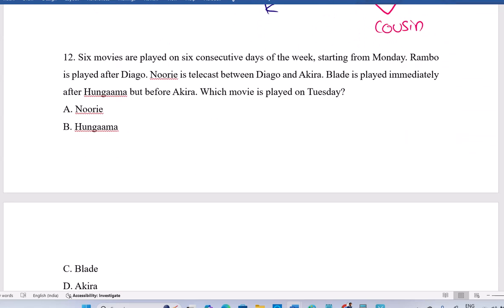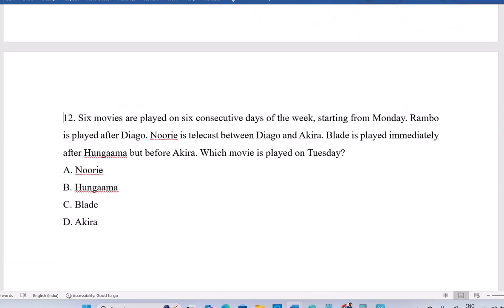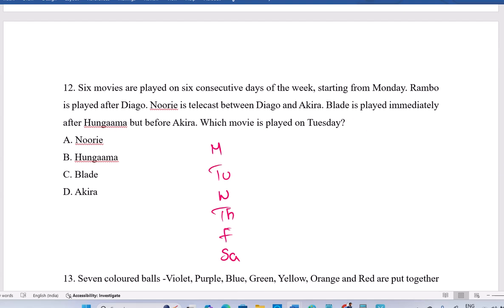Now let's see the 12th question, regarding movies they given. 6 movies on 6 consecutive days, starting from Monday. Which movie is played on Tuesday is the question.